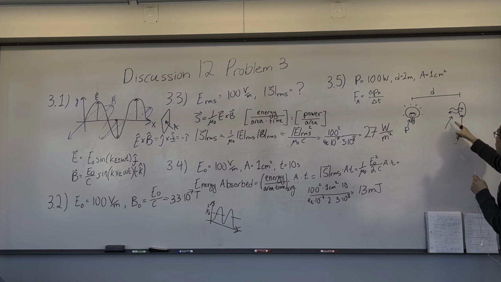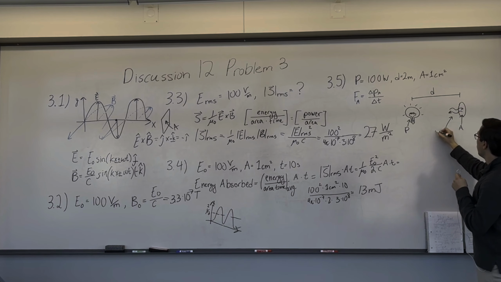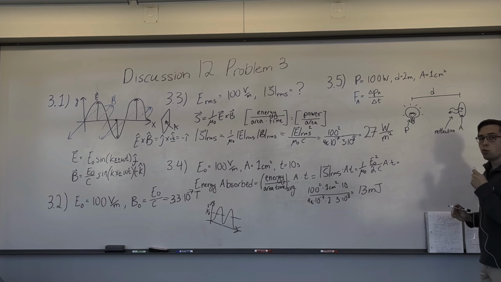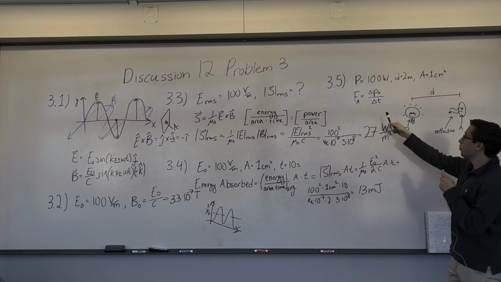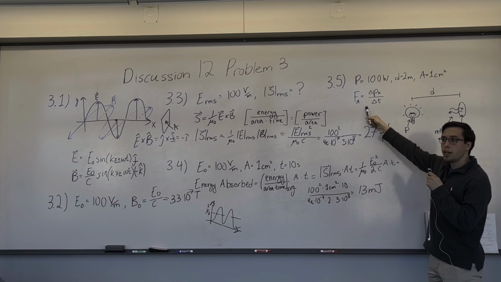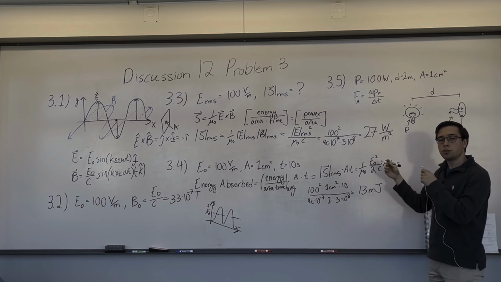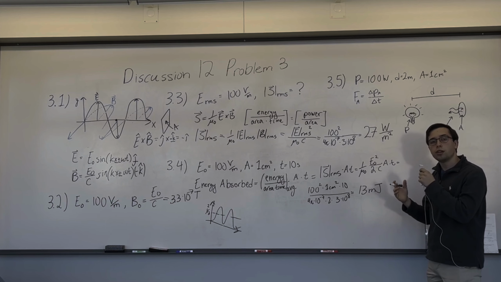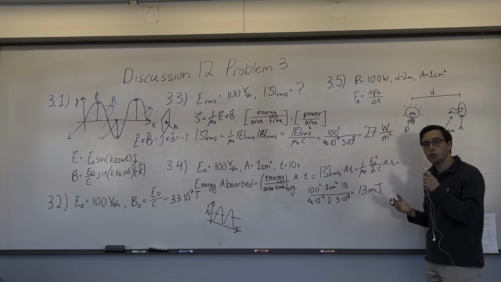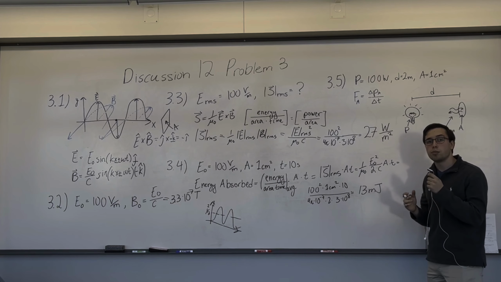So I've tried to draw that here where we have essentially our wave coming in, and it's coming back out with the same amplitude, same everything. And so we have reflection here. And that's important because if we think of our force, then there's a difference between absorbing the momentum that's hitting your surface versus reflecting it back.